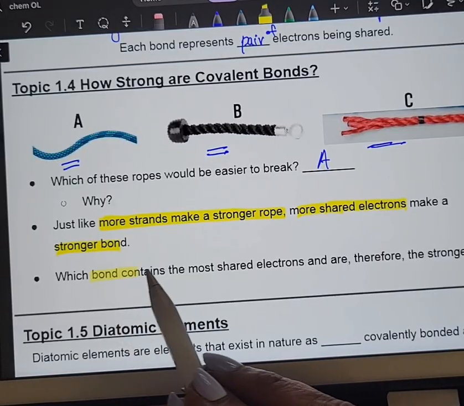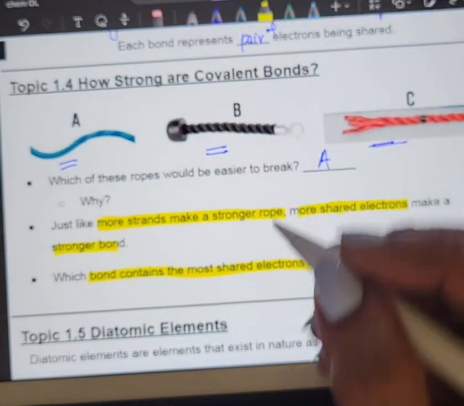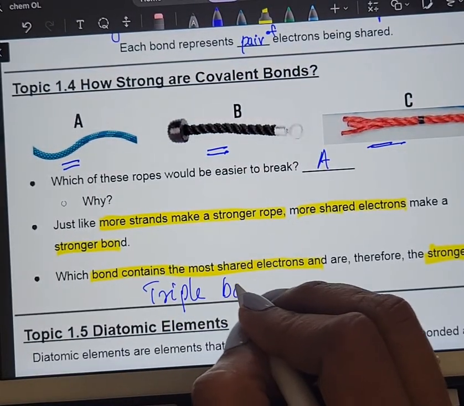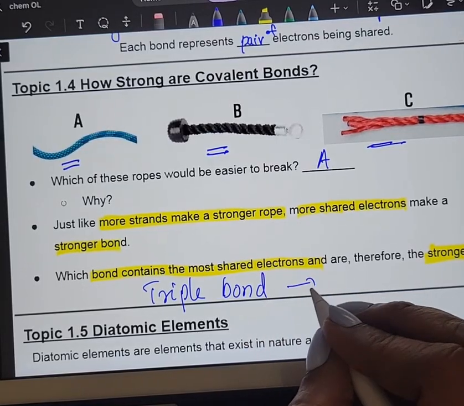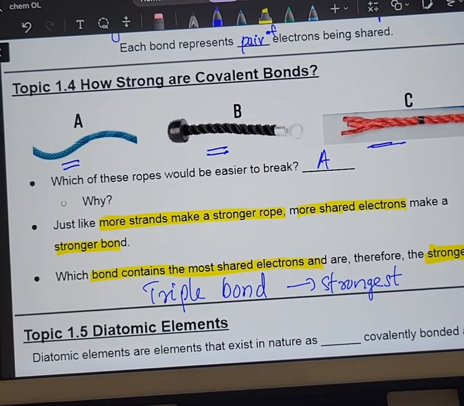So which bond contains the most shared electrons? That will be the strongest. Because the triple bond contains more pairs of electrons, that will be the strongest. One more time, there are three types of bonds: single, double and triple. Single will share one pair, double will share two pairs and triple will share three pairs.